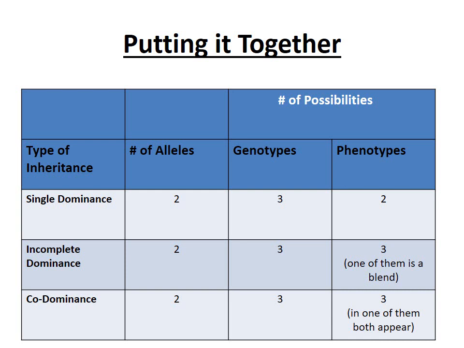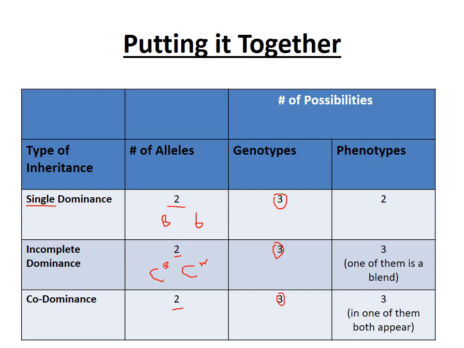Here you can see a summary of the different types of dominance. Again, single dominance just means complete dominance. Number of alleles, we have 2, so all of the types of dominance have 2 alleles. We just represent them in different ways. So for example, here I might have big B and little b, whereas here I might have CB and CW. The genotypes that are possible, you have 3 possible genotypes for all of them.